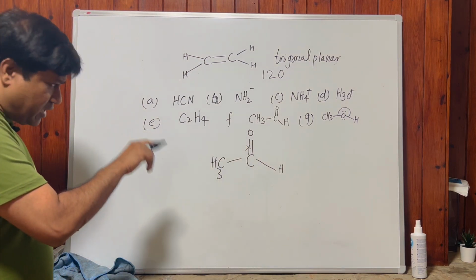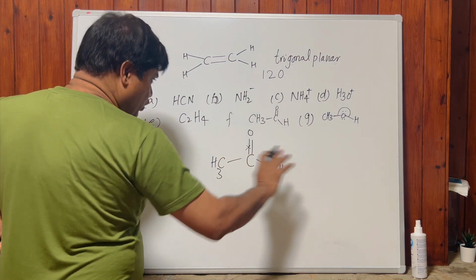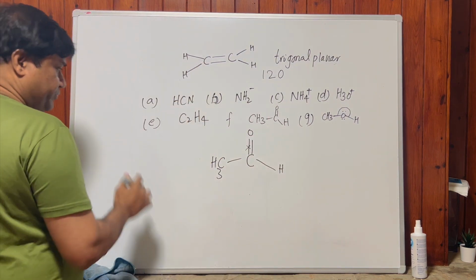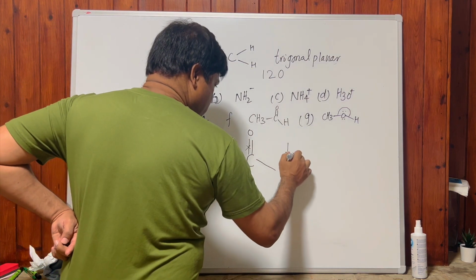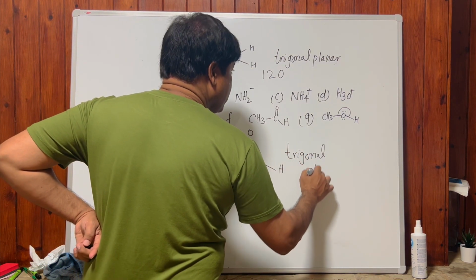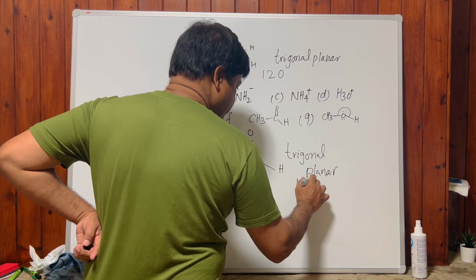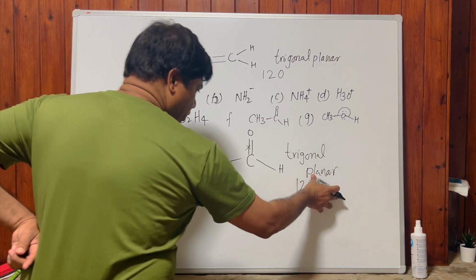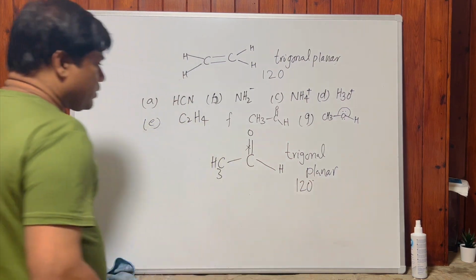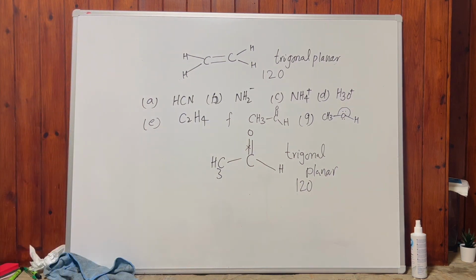So the central atom is carbon having three bonded pairs of electrons and no lone pair, similar to that one. Trigonal planar, 120 degrees.